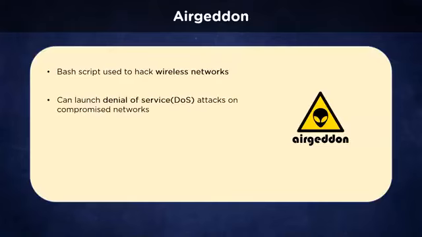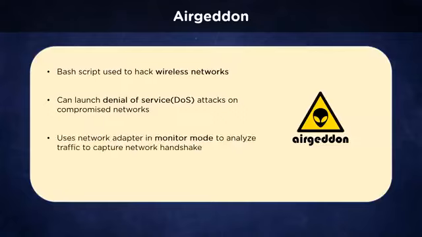Along with being able to launch denial of service attacks on compromised networks, this multi-purpose Wi-Fi hacking tool has very rich features which support multiple methods for Wi-Fi hacking, including multiple WPS hacking modes, all-in-one WEP attack, handshake file capturing, evil twin attacks, pixie dust, and so much more. It usually needs an external network adapter that supports monitor mode, which is necessary to be able to capture wireless traffic traversing the air channels.